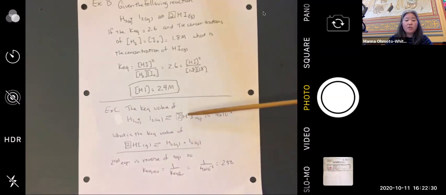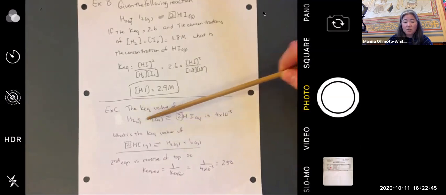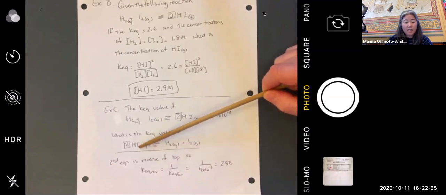So what's really important to understand is that these two reactions are opposites of one another. So my KEQ expression will then be reversed, right? This would be a product, these would be reactants, so this would be HI squared over H2 times I2. It's going to be the reciprocal of that for this reaction, right? What used to be the reactants are now the products. What was the product is now the reactant.